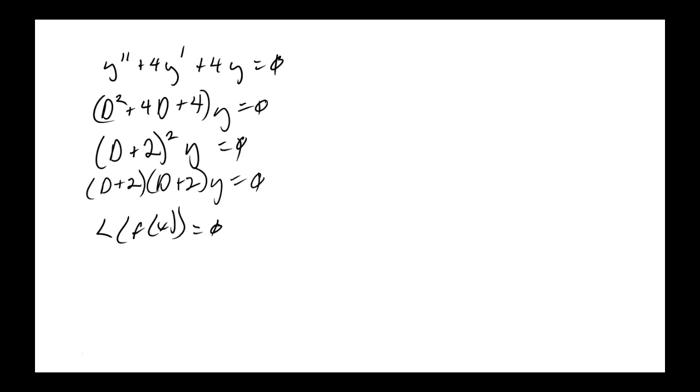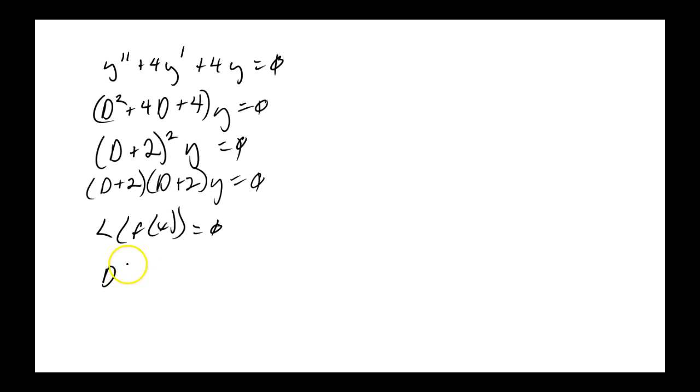Similarly, D cubed of x squared is 0, because D of x squared is 2x, D squared of that would be 2, and D cubed would be 0. So the differential operator D^n annihilates each of these functions.